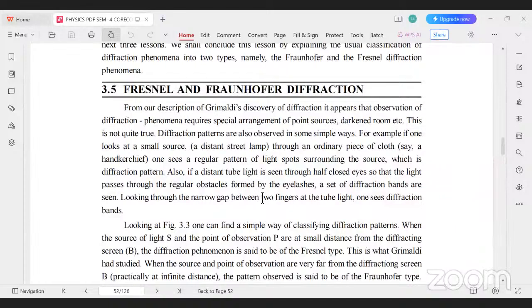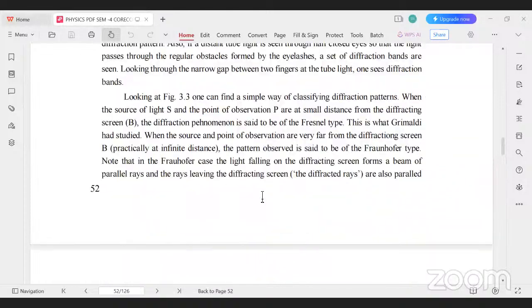One can find a simple way of classifying diffraction patterns. The source of light and the point of observation P are at a small distance from the diffraction screen. They study by taking different materials and focusing light on that material to see how the output is generated.